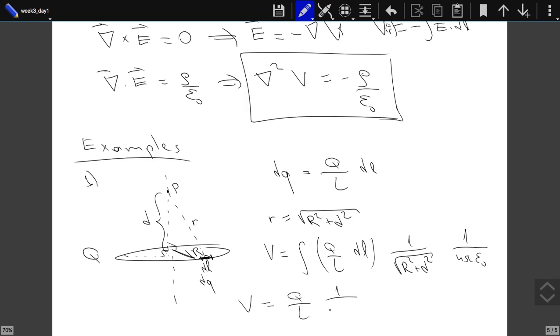Q over L, 1 over square root of r squared plus d squared, 1 over 4 pi epsilon 0, integral of dl. Well, again, the integral of dl is nothing but the sum of the length of each one of these segments, which gives me the total circumference. Large L was also the length of the circumference, so they just cancel each other.